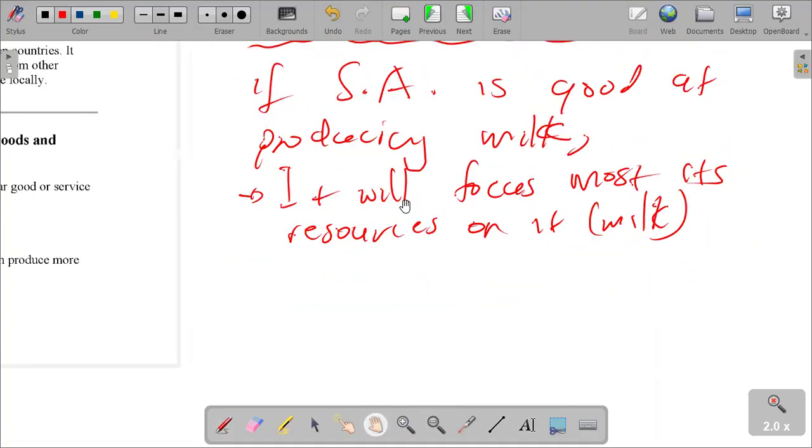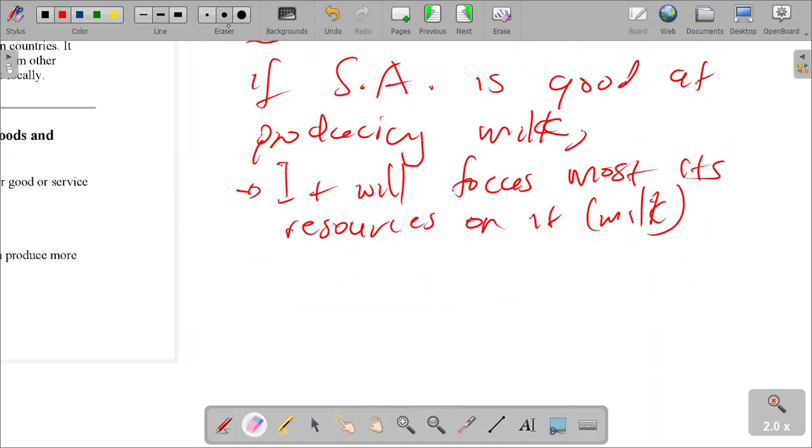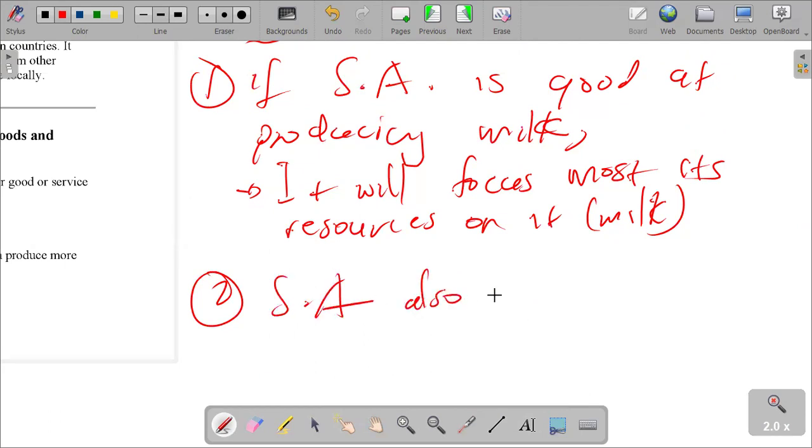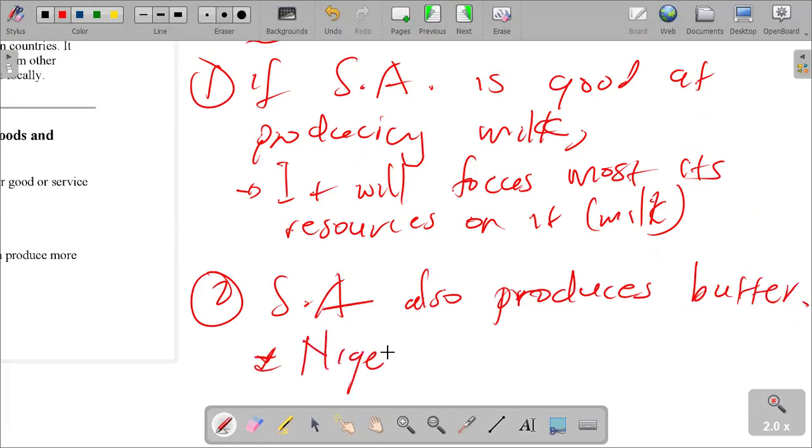Right? And then South Africa also, so this would be the first one. And the second one, SA also produces butter. But it happens that Nigeria also produces butter, right?